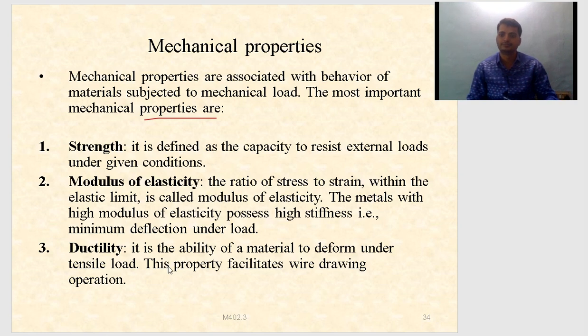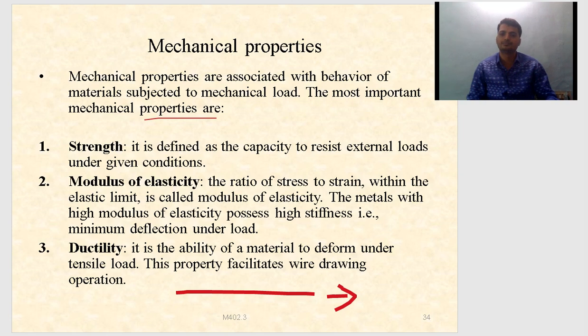And ductility. It is very important for a mechanical engineer to know about ductility. The ability of a material to deform under tensile load is called ductility. See, I have a rod of copper. I can increase its length by applying a tensile load. That is called ductility.